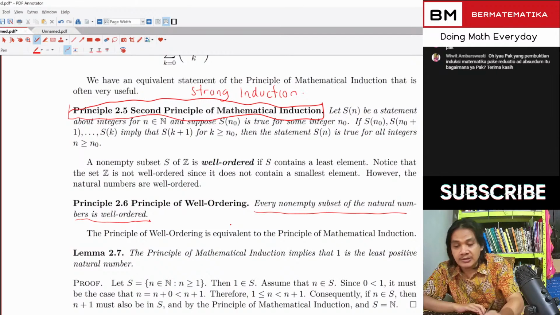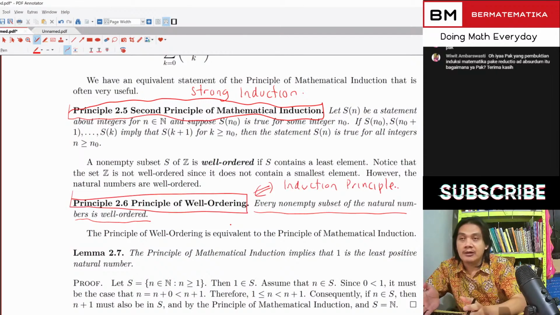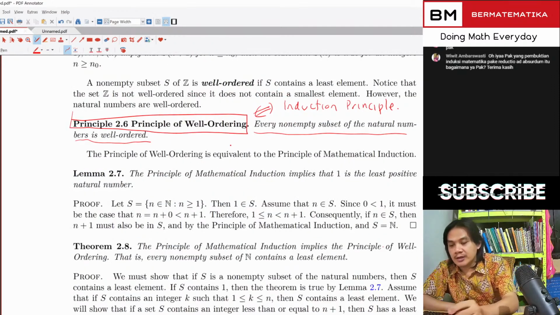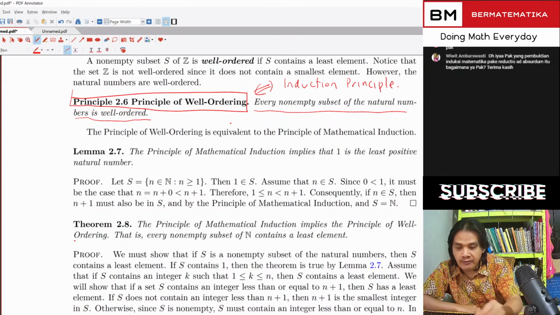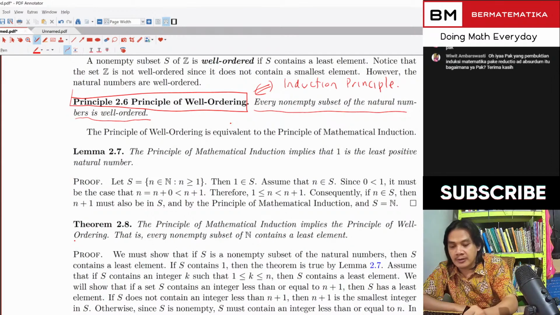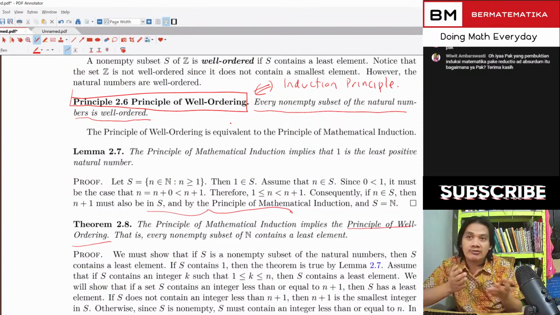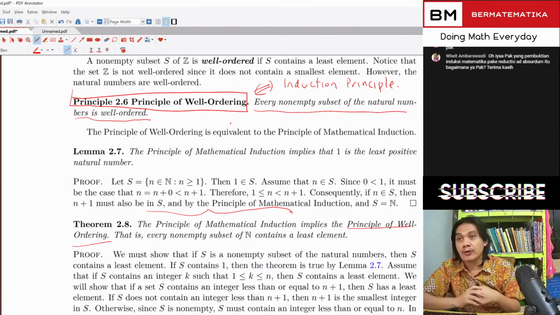So as an exercise, you can try to prove that if we have well-ordering, then we have induction, and if we have induction, then we have well-ordering. So that's it, right? This book is using the approach that induction is more obvious, so the author proves the principle of well-ordering from the principle of mathematical induction. And you can try the other way around: try to prove the principle of mathematical induction by using the principle of well-ordering.